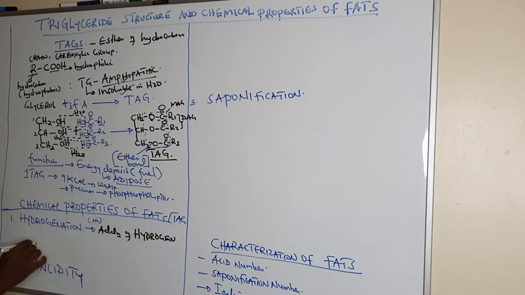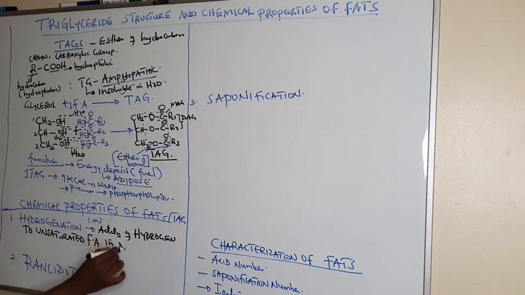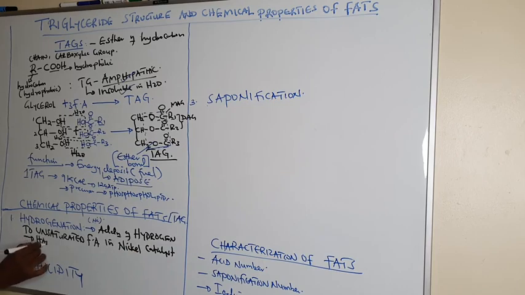and this hydrogen is being added to unsaturated fatty acids. So addition of hydrogen on unsaturated fatty acids in the presence of nickel catalyst leads to hardening of fats.